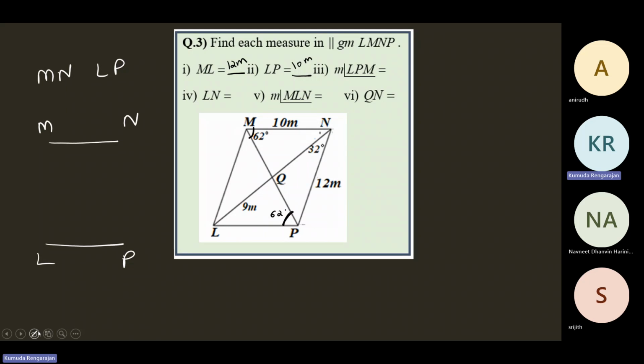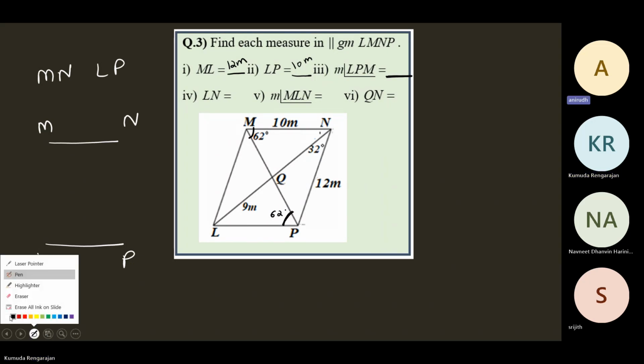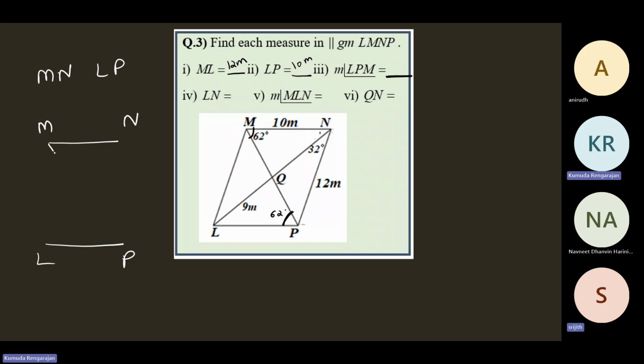No, to find this angle, measure of angle LMP, which one should be regarded as a transversal? You should take MP as a transversal, because here we have 62 degrees marked in the figure and we have to find this one.